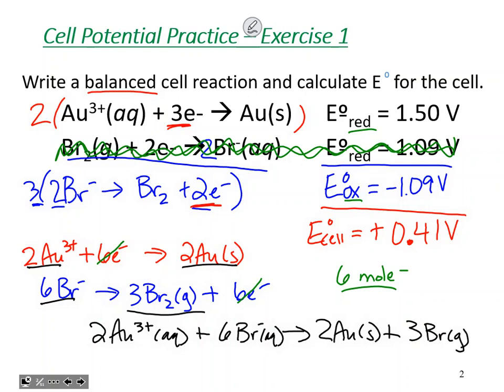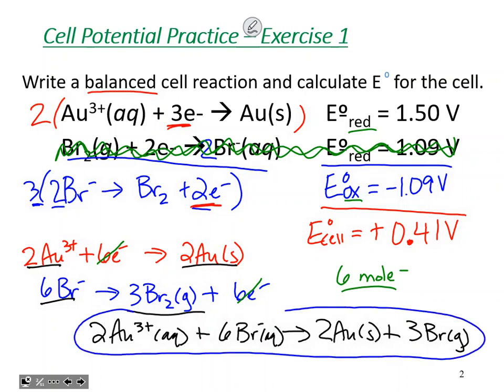So this would be the overall balanced reaction. Remember, redox is always balanced based off of the electrons, not of the individual elements. And actually, this reaction is showing a transfer of 6 moles of electrons. All right, we have 6 moles working this reaction.